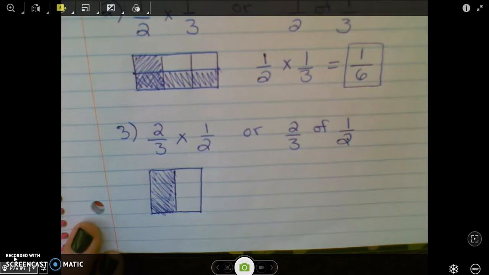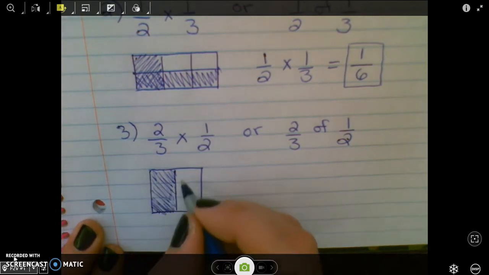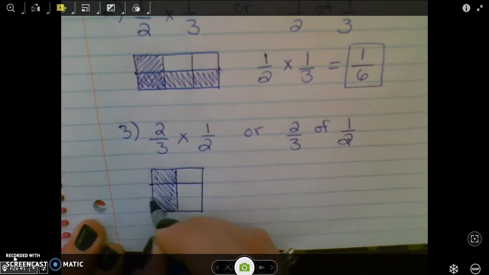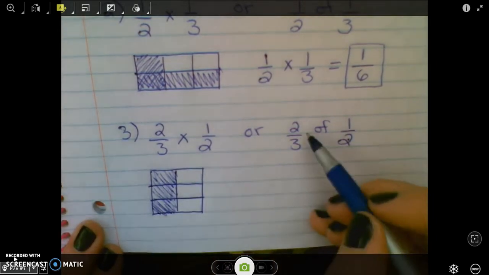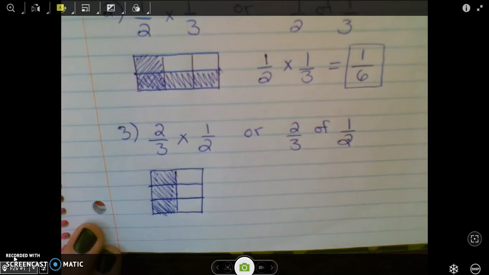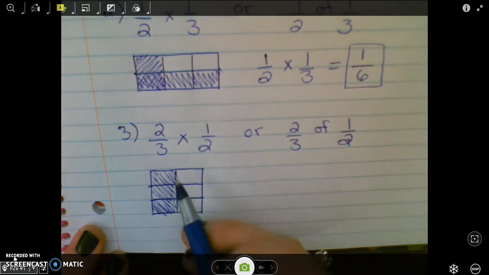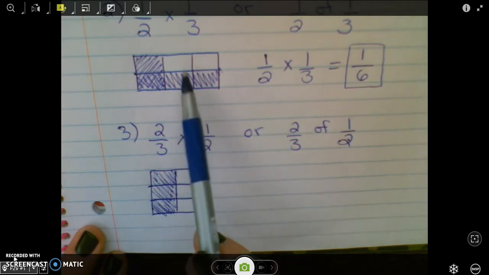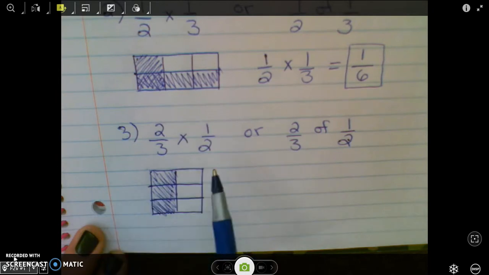Well, in order to show 2/3, this is why I use 3 lines on my paper, I have to divide this now in thirds the other direction, but shade in 2 of the thirds rather than just 1/3 like I did up top. I can shade in the bottom 2/3 like I did in the first 2 examples, where I shaded in the bottom row.